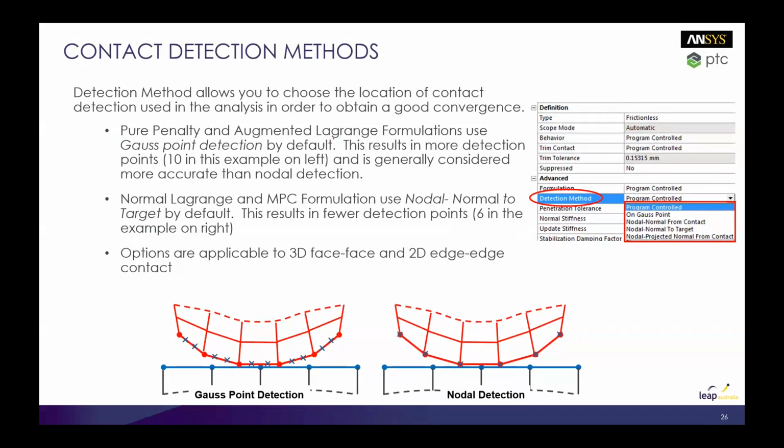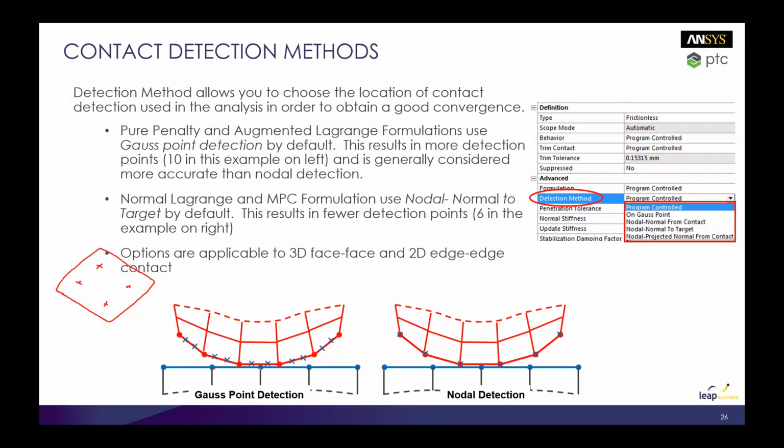If we look on the surface of the element, we have these points internally called the Gauss points or integration points. They'll have a position in space in the depth of the screen. So when they try to cross a nodal segment on the target, that's when contact is detected.